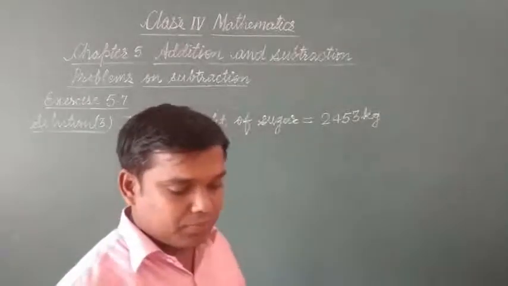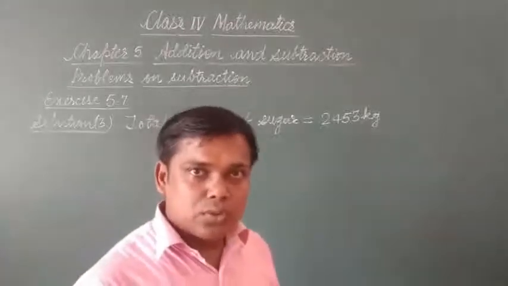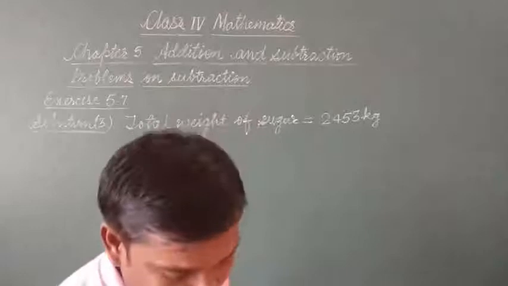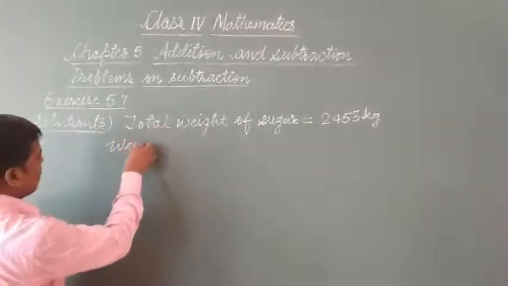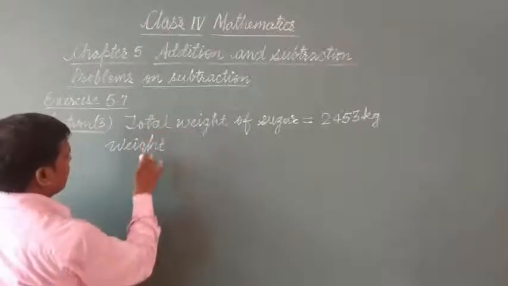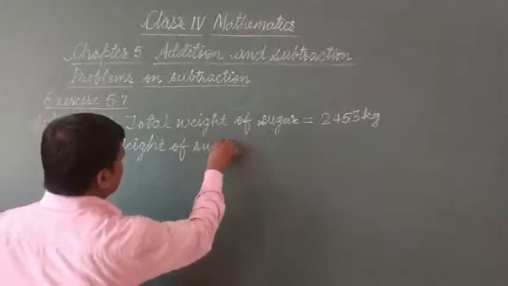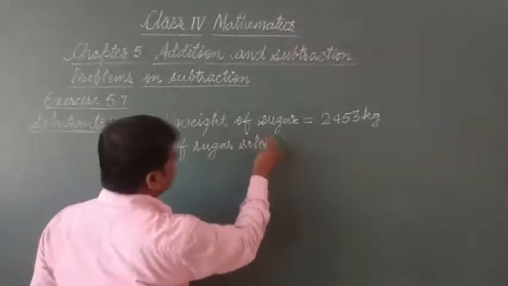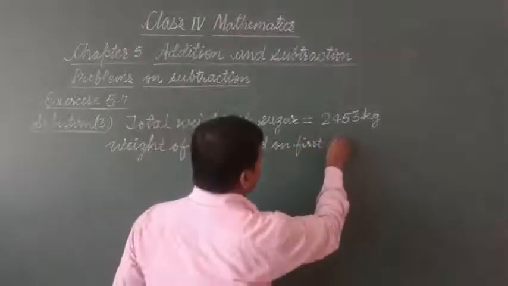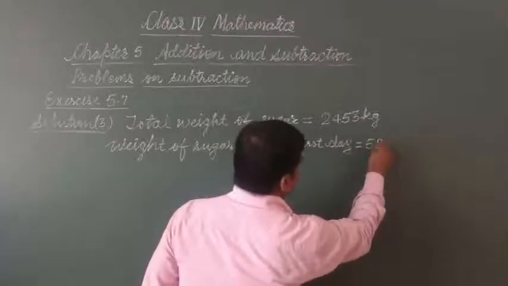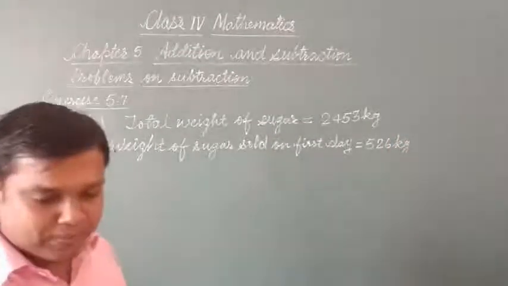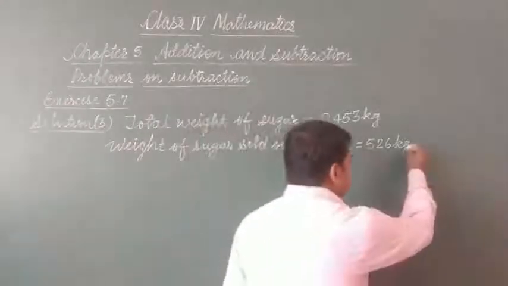Now, weight of sugar sold on first day, it is 526 kg. 526 kg.